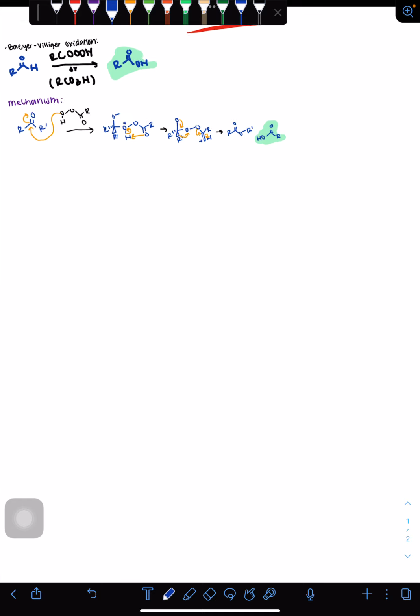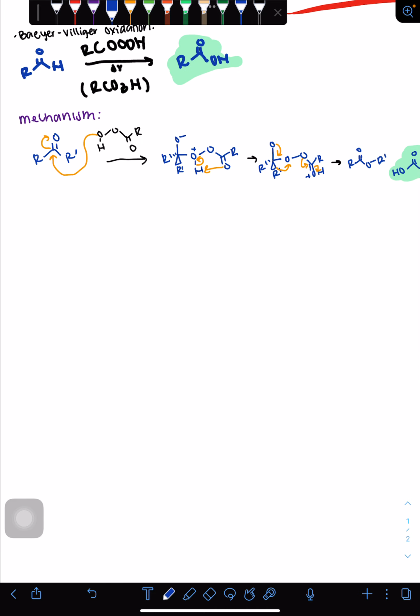And we can also look at another one. This one's using lithium aluminum hydride, LAH for short, so we're just going to write LAH, lithium aluminum H4.